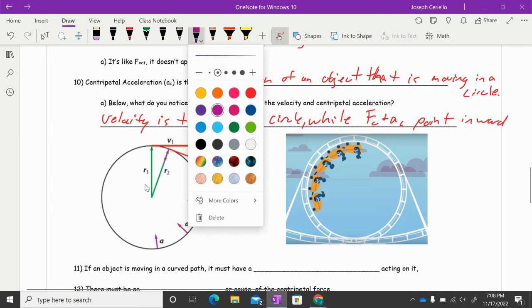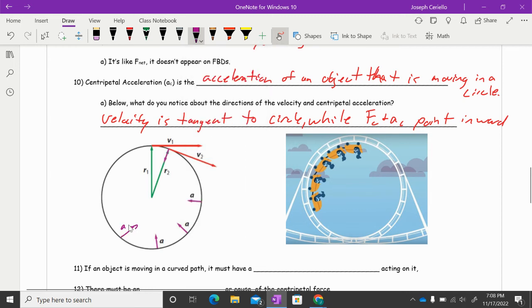I'll draw a couple more of them. My velocity, no matter where you are, is always going to be tangent to the circle. And it's not drawn in here, but I'll draw it in. Centripetal force is always going to point in the same direction as centripetal acceleration, to the middle, no matter where you are. So notice how the centripetal force and centripetal acceleration all change.